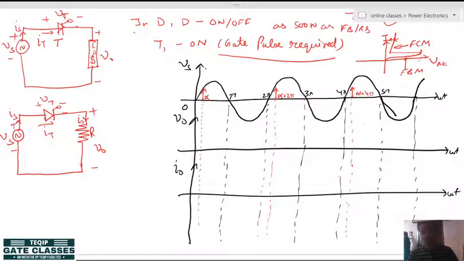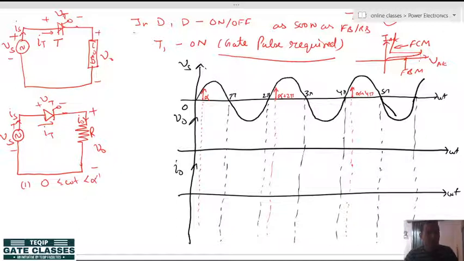If you want to see the working of the thyristor, it is a very simple thing. Again we have to follow the same procedure and analyze from instant to instant. So for the first instant, we have from 0 to alpha.